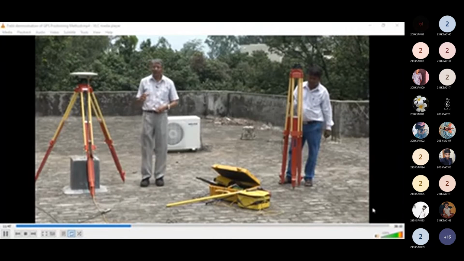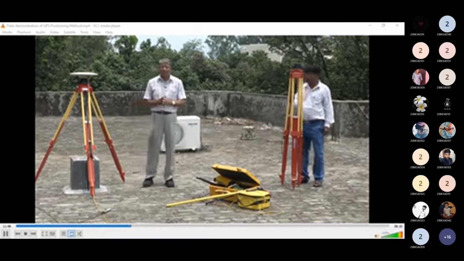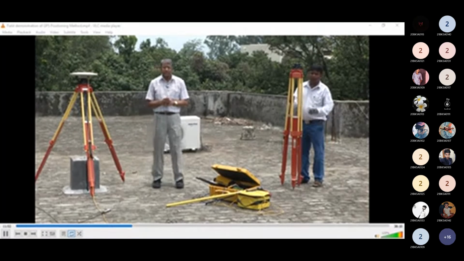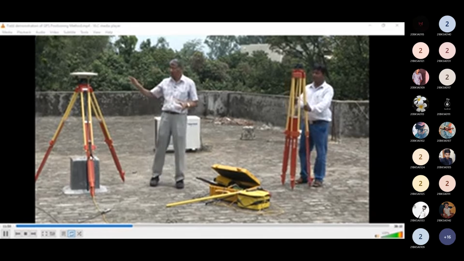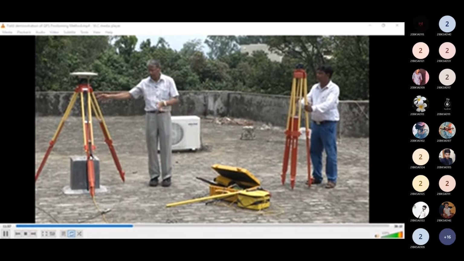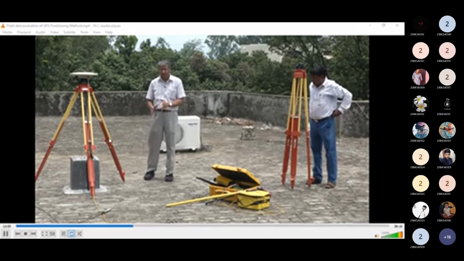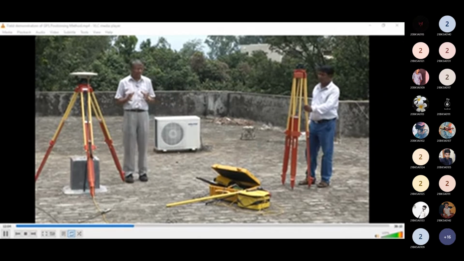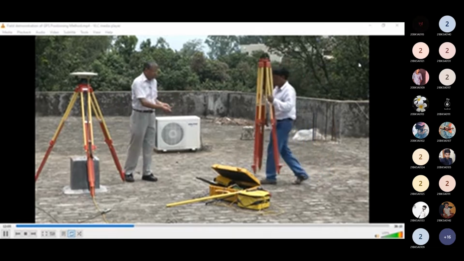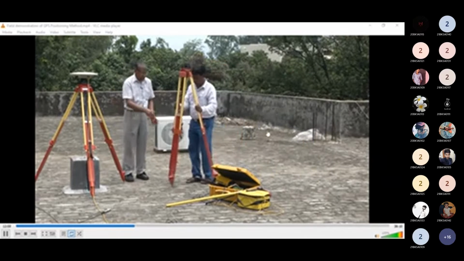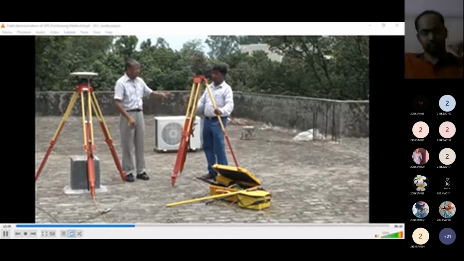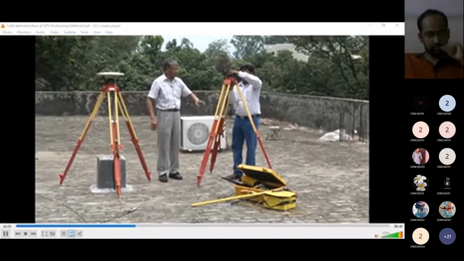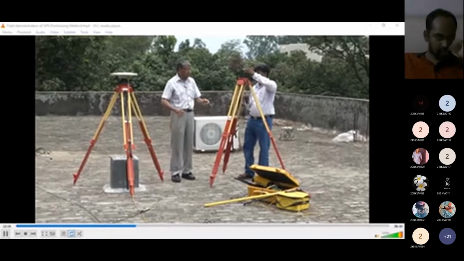Now we will be demonstrating the real-time kinematic surveying. After setting up the reference station, we have to set up another station called communication setup. Here also we will first take a tripod stand where we will set up the antenna, and we will take a radio communication antenna.